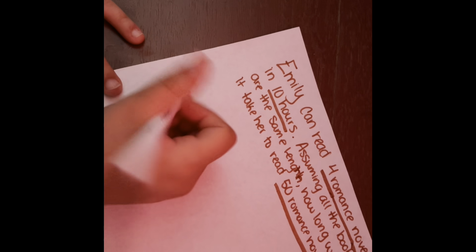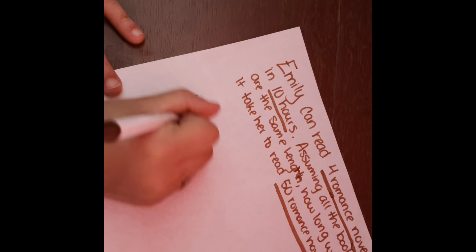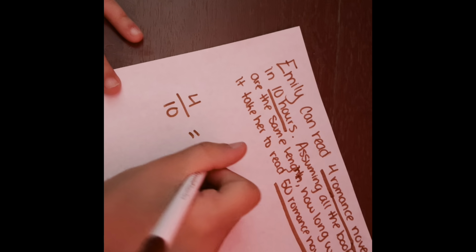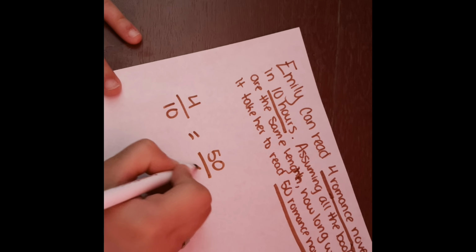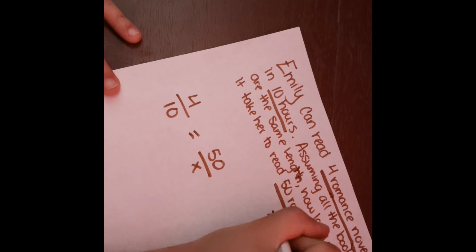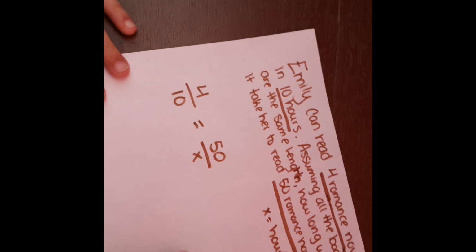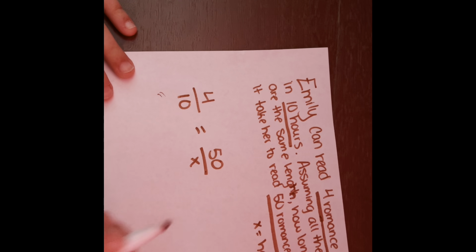So when writing out this equation, we put romance novels over the hours, and then you can put 50 over here, and X is hours. Now we have to cross multiply just like we did for the other equation.